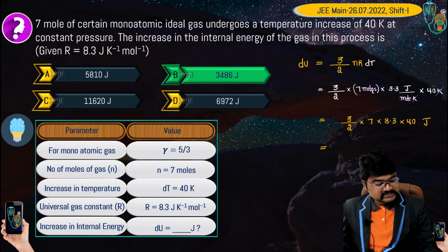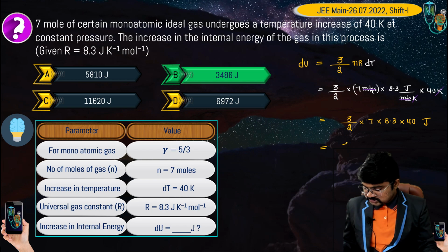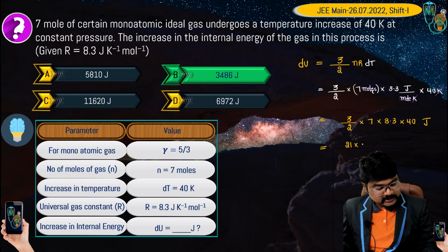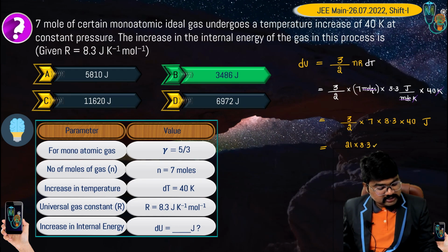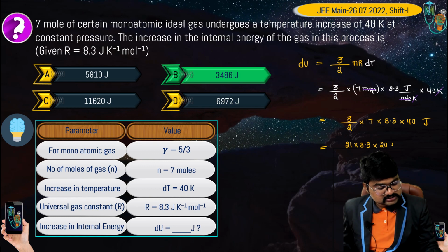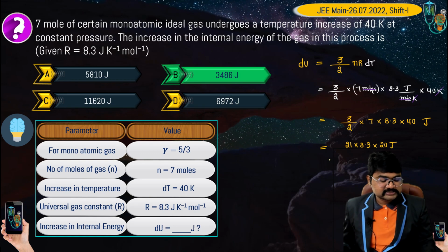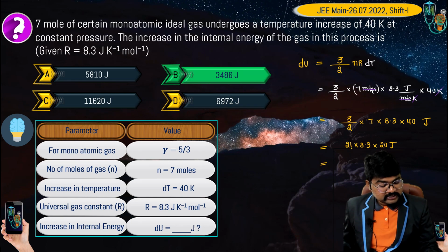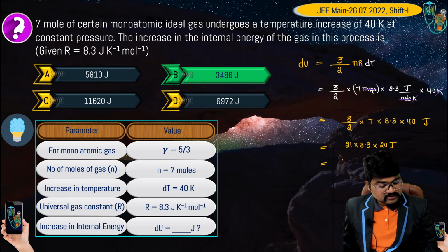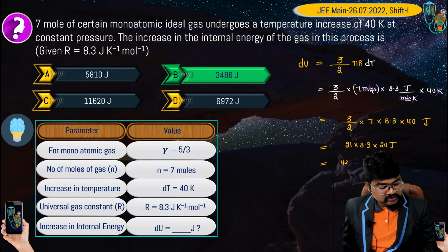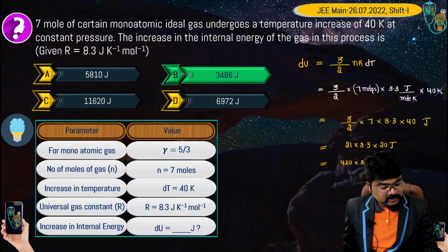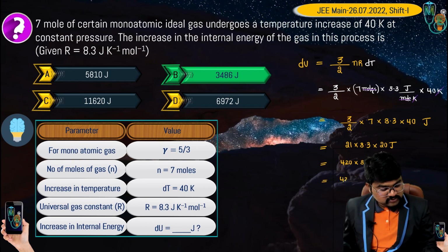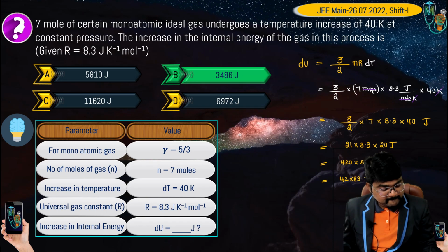Okay, so you can cancel it out. 20 we will be getting, 3 by 7, 21 into 8.3 into 20 joule. Calculate and tell me the answer. Calculate this. Total 21 into 2 is 42. 420 into 8.3 joule. Here you can take 42 into 83 joule.